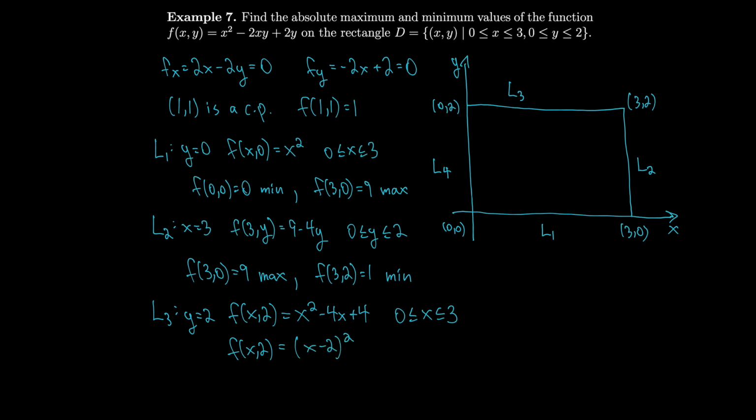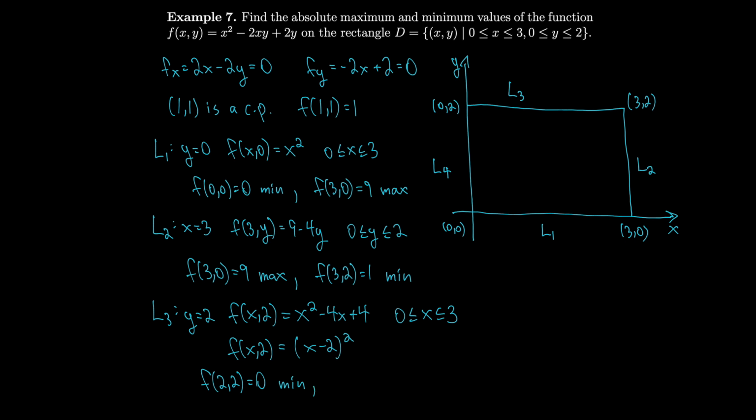So this is a parabola opening up with vertex (2, 0). So that's got to be our minimum. So we're looking at f(2, 2) equals 0 to be our minimum, because notice this can never be negative because it's being squared, so the smallest it could possibly be is 0, which is when you plug in 2.